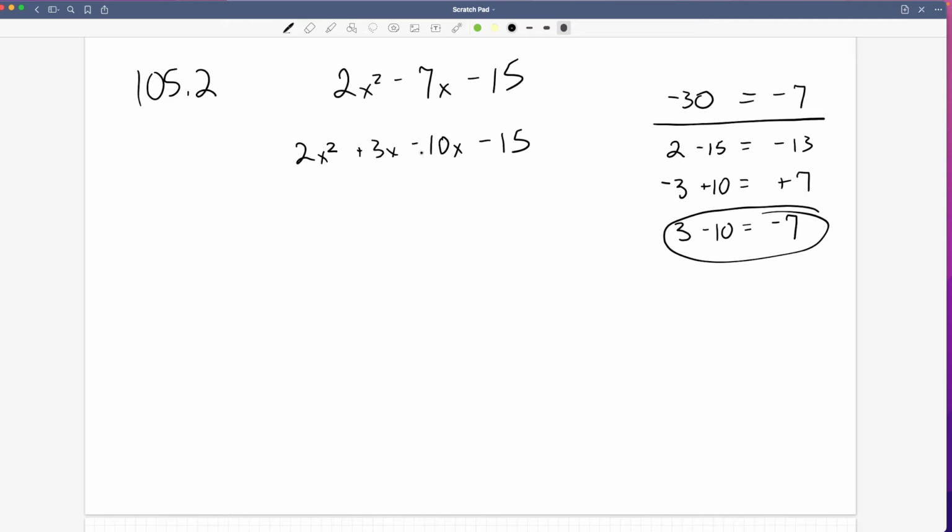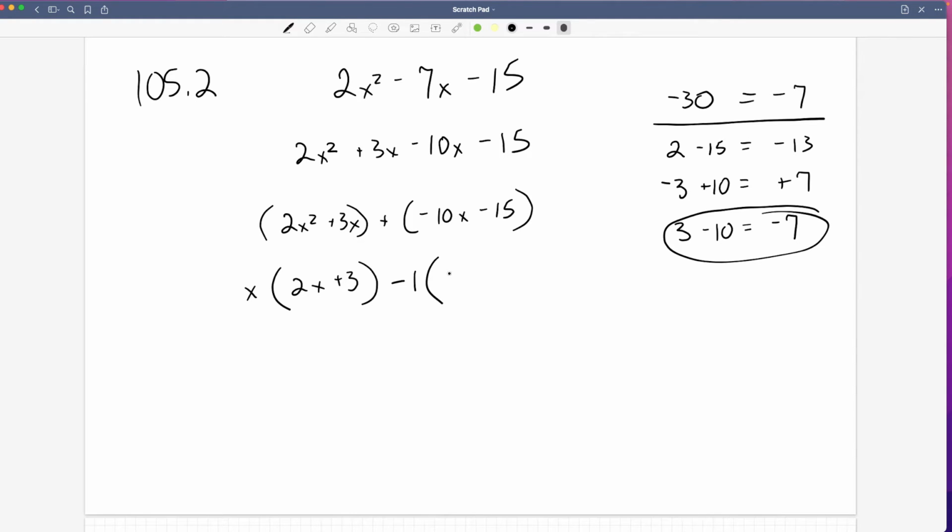All right, so now we have separated it. So now I have 2x squared plus 3x plus -10x minus 15. All right, so I can bring out the -1. So I've got an x here, so I can take out x, and then I have 2x plus 3, and then I could pull out the -1 and have -1 times, I could pull out more than that.